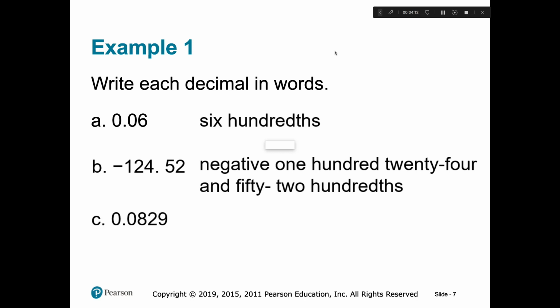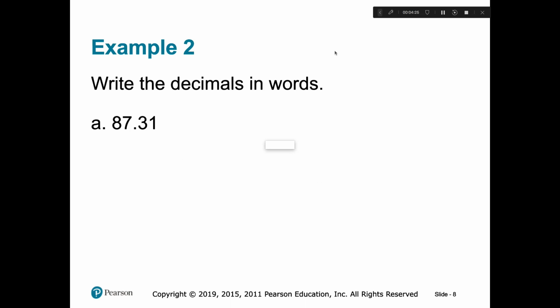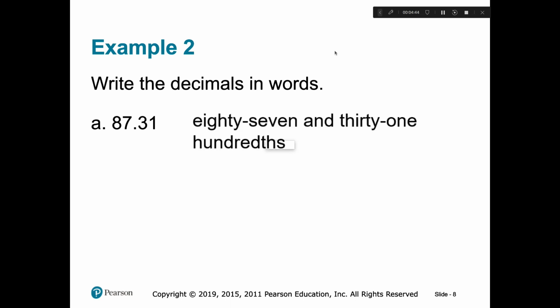This number. 829 ten thousandths. This one. Laura. 87 and 31 hundredths.